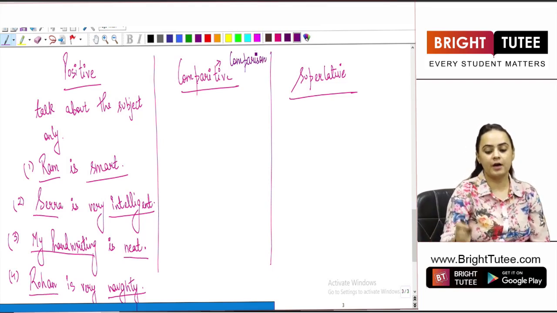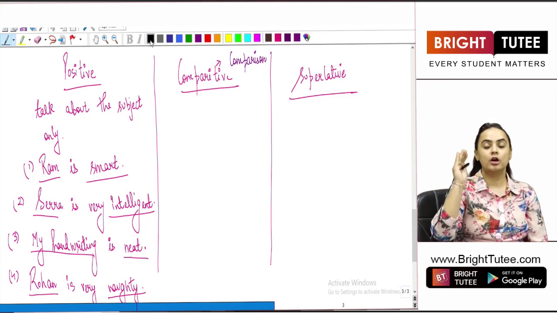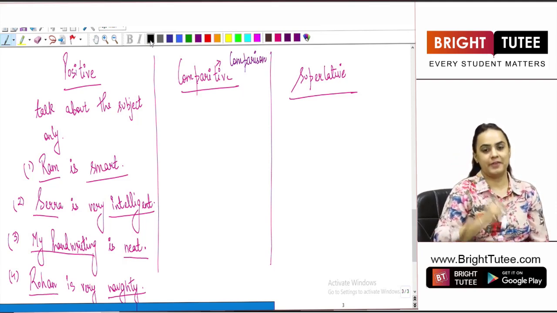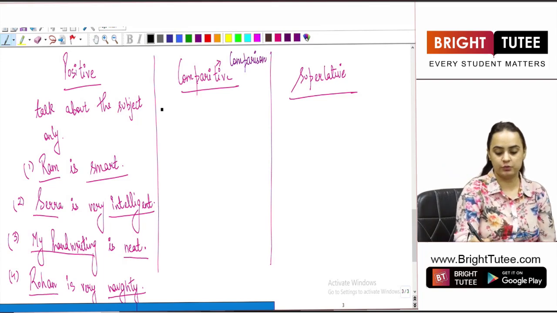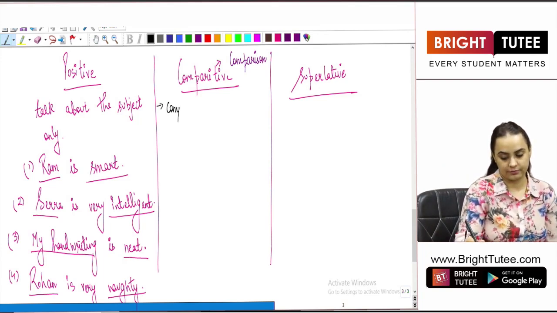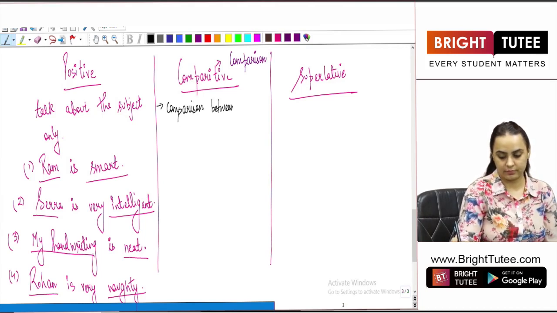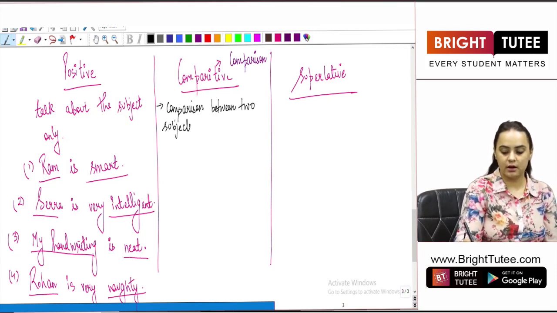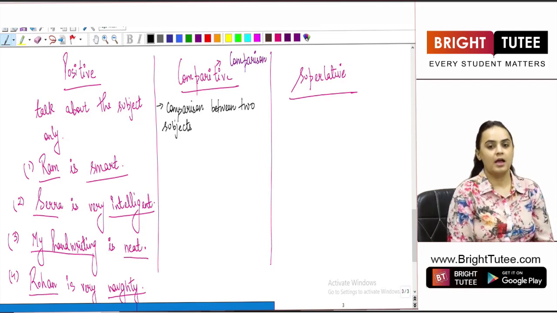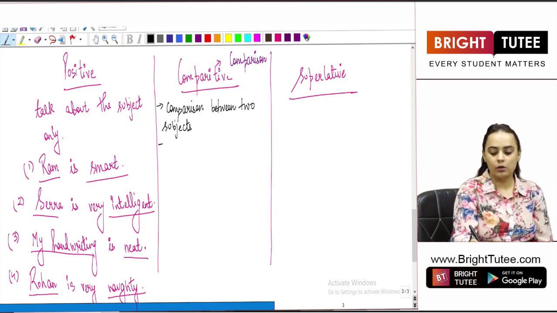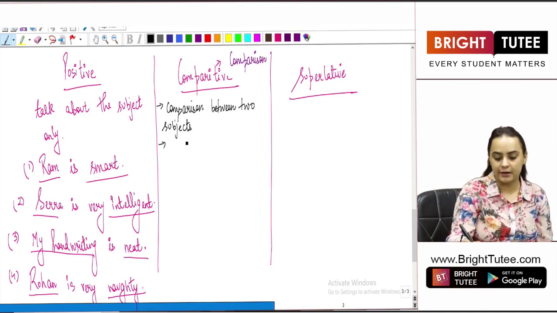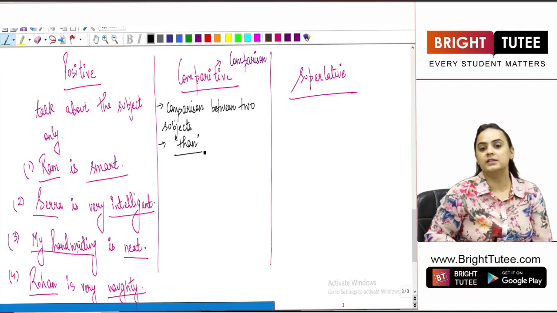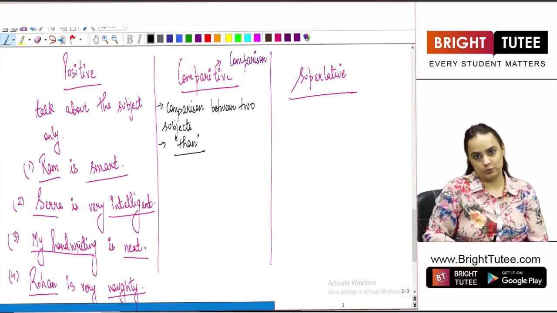If there is a comparison between two subjects, we use the comparative degree. And one word that is always going to be used in the comparative degree is "than." We always use "than" to compare two things.